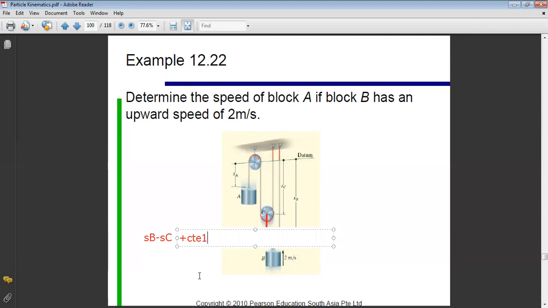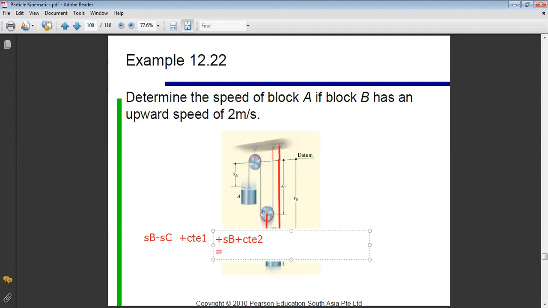And you have also the distance when we go from here to here. So this distance here is SB. And you can add the constant above. So you have plus SB plus another constant equals to what?